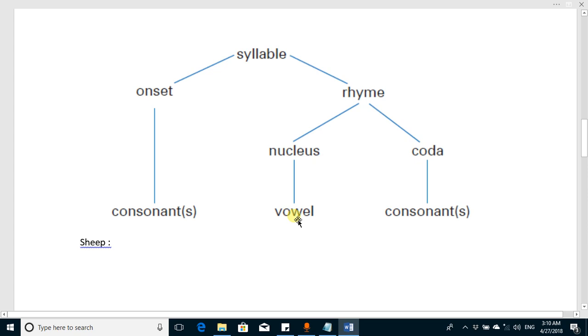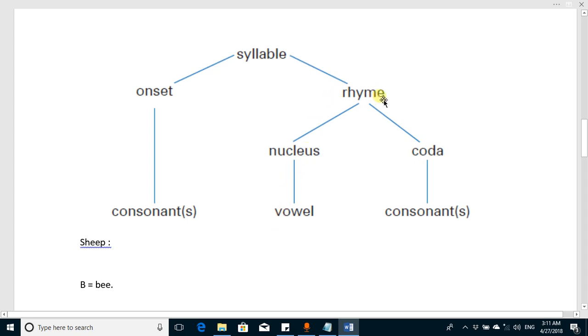And vowels are important even to pronounce a consonant. Like if you say B, you are actually adding a vowel sound. You are saying it B. So a vowel is important for pronouncing any consonant even. So every syllable must contain a vowel.